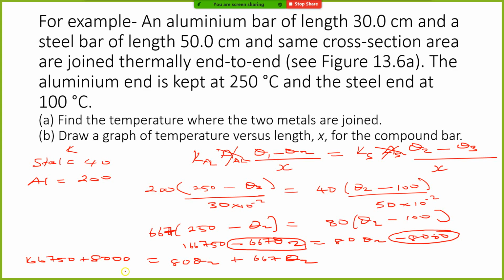So 80 plus 166,750, I got 174,750. That is now equal to 80, by the way, 80 plus 667. That is 747 θ2. Let's divide it and hopefully we get the answer. I don't know. Let's try.